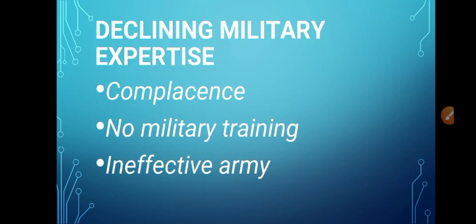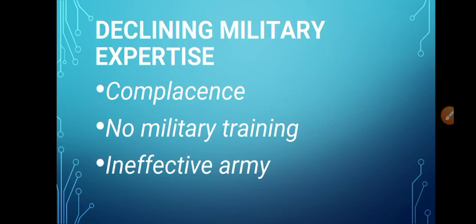Declining military expertise. There was complacence on the part of the rulers. Complacence means they were self satisfied. They thought themselves to be the most powerful and superior than other nations. Therefore, they did not spend time and effort and money in order to improve their military expertise.